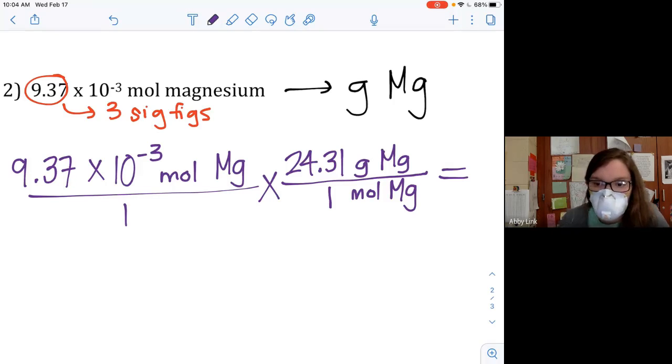All right, once you get an answer, you can type it in. All right, we've got a 0.23. We've got scientific notation again, and then we've got 0.228.